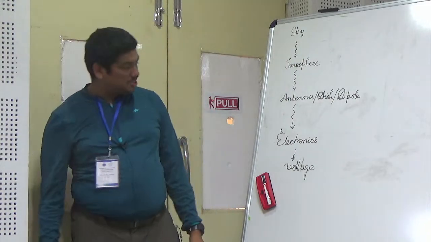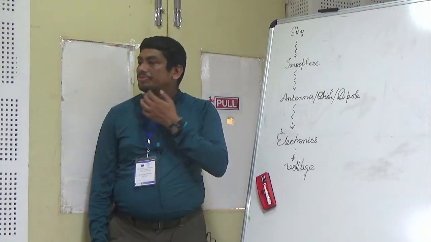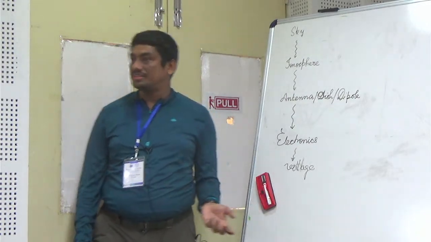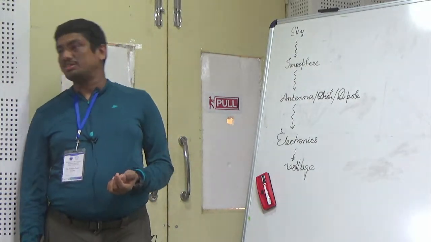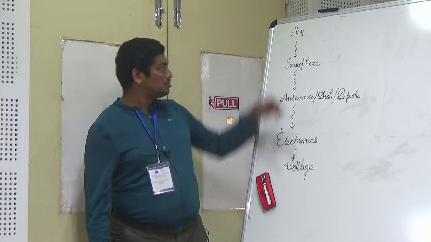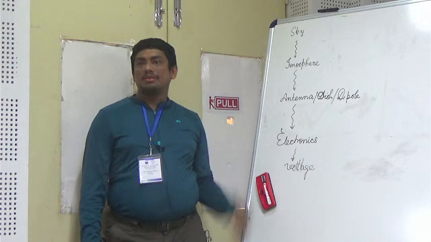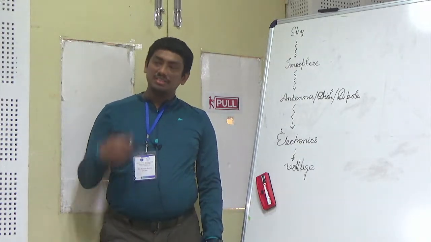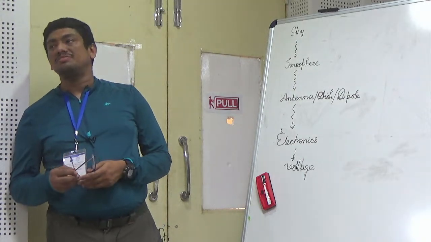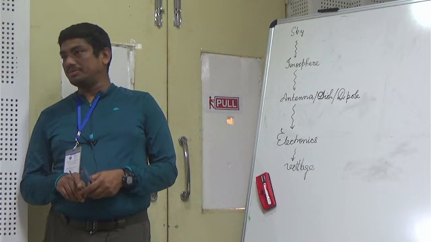But we will see that we are dealing with a radiation which is faint, and at the same frequency there is another set of radiation, the so-called foregrounds, which is much higher than the 21 centimeter radiation. That is like 10 to the 3 or 10 to the 4 times in visibility, which means if I want to measure the power spectrum, it's 10 to the 7, 10 to the 8 times.